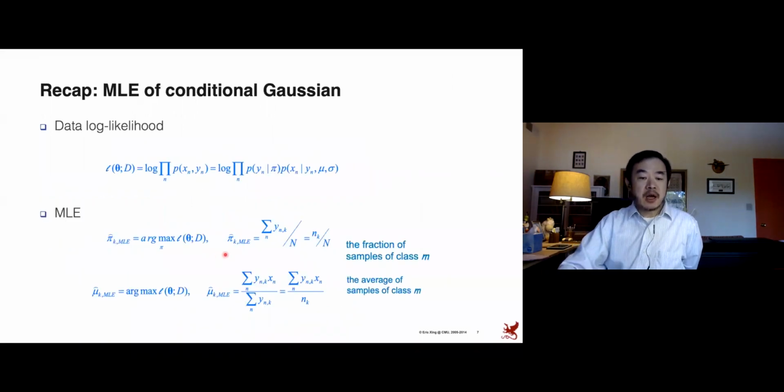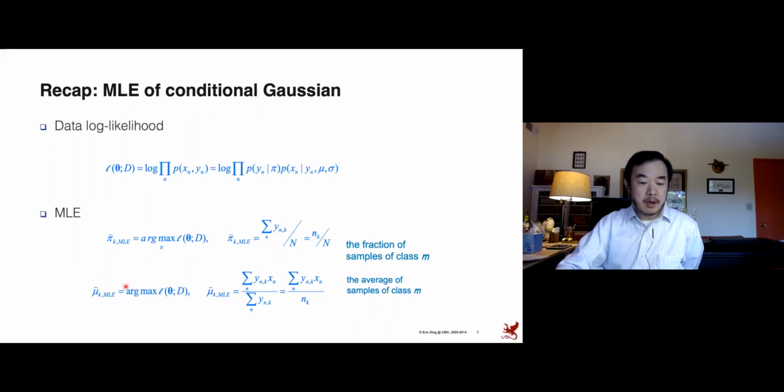And then for conditional Gaussian, the maximum likelihood estimation is also very intuitive, because you already know that for each point, they come from one of the k possible components. At the end of the day, you are going to estimate the frequency of each component, which is pi of k. You basically just count this indicator variable's configuration, how many number of times this k-th component was equal to 1.